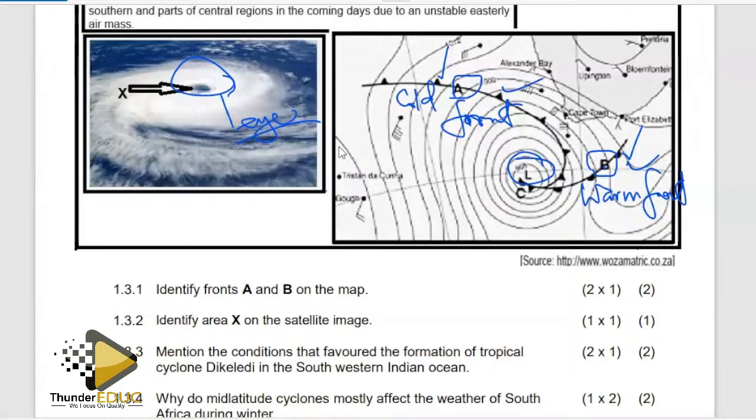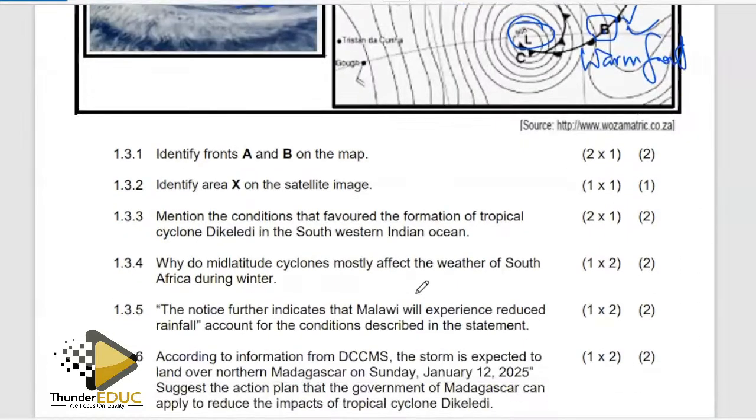Mention the conditions that favored the formation of tropical cyclone declared in the southwestern Indian Ocean. Basically, this question requires us to look at the conditions favorable for the formation of tropical cyclones. Tropical cyclones need warm oceans, with a temperature of around 26.5 degrees Celsius.